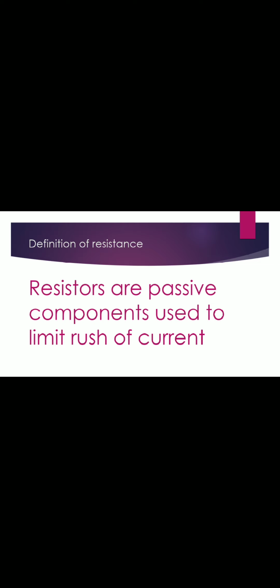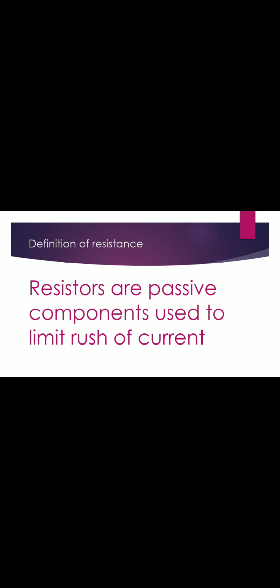Now we have become familiar with the term passive, and from the definition of resistors we know that resistors are passive components. Passive means they are dissipating energy. Resistors are passive components used to limit the rush of currents.